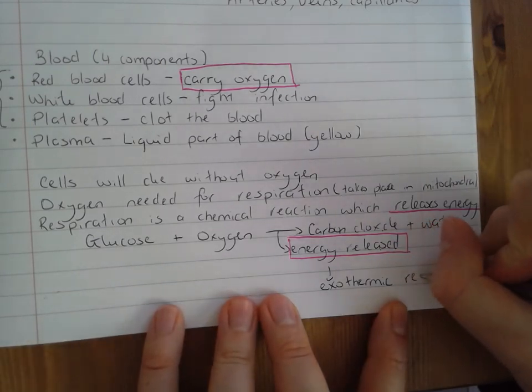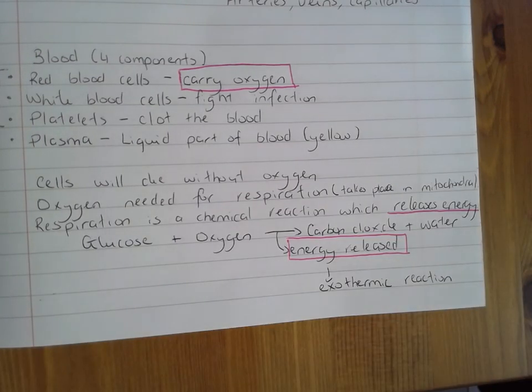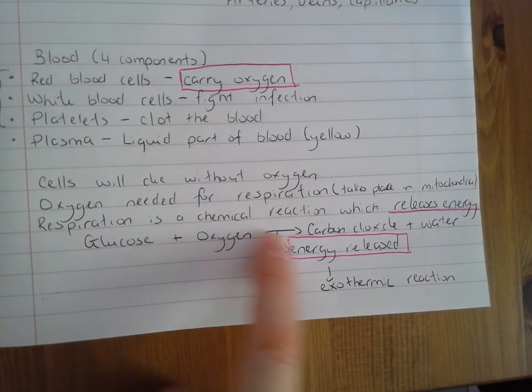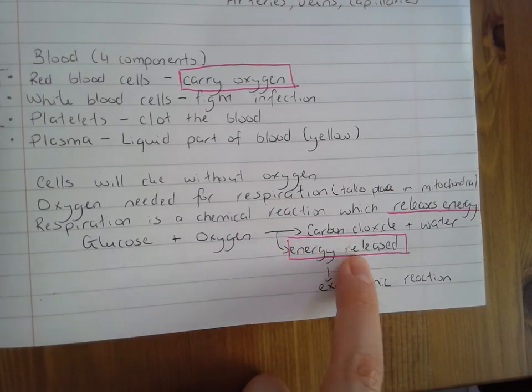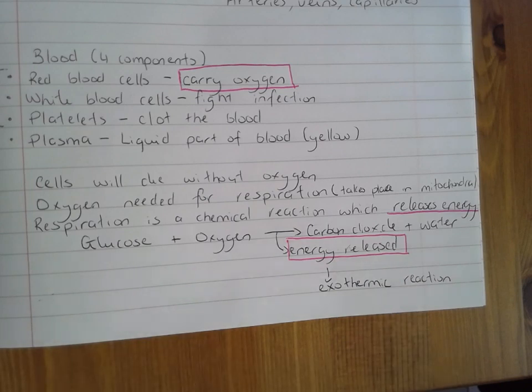But any reaction that releases energy is known as an exothermic reaction, and respiration is a classic example. When this reaction takes place between glucose and oxygen, we're forming carbon dioxide and water, but energy is released in the process. And this energy is really, really important for the cell to survive. If the cell's not releasing energy, then the cell will just die.